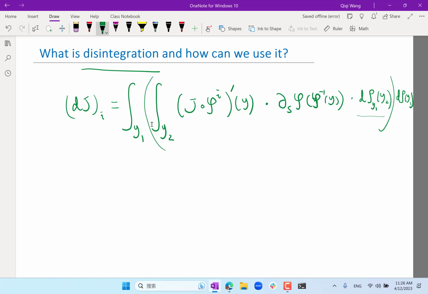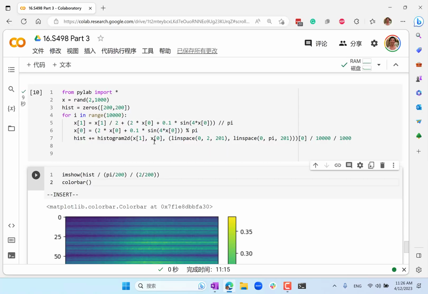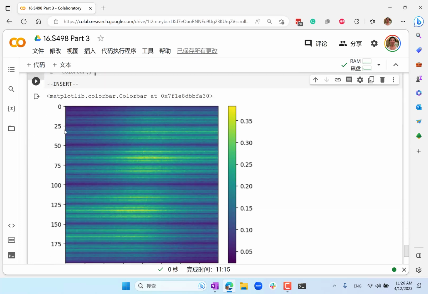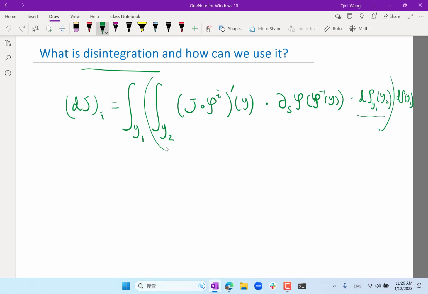It is the conditional density of y2 while fixing y1. Intuitively, it is taking one slice of this plot: fix a vertical dimension and slice it, and look at how the density varies across the horizontal axis. This conditional density in the inner integral is the smooth density on which we can perform integration by parts.